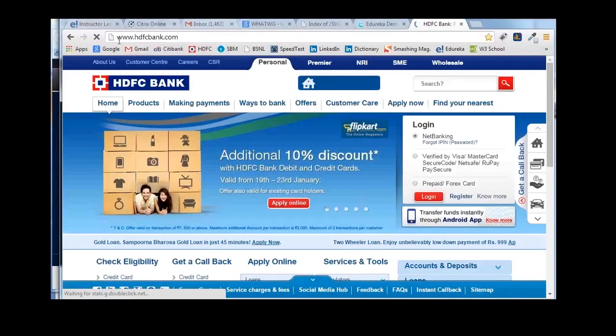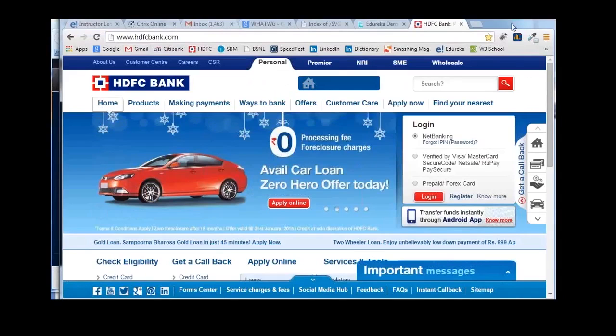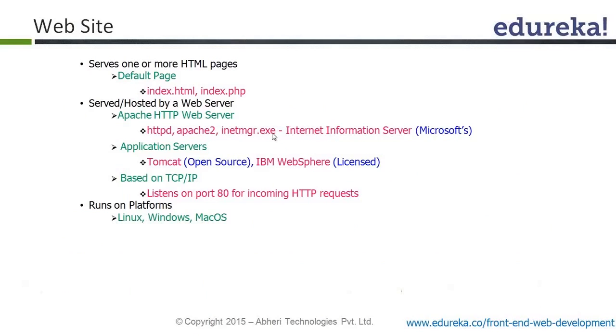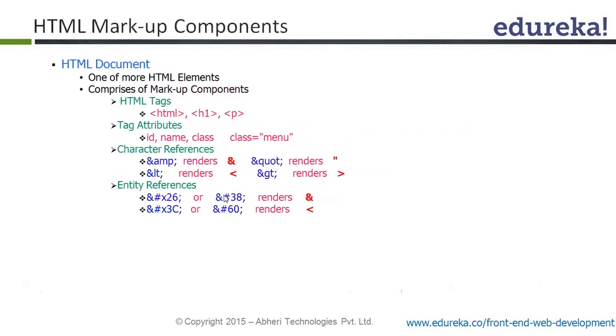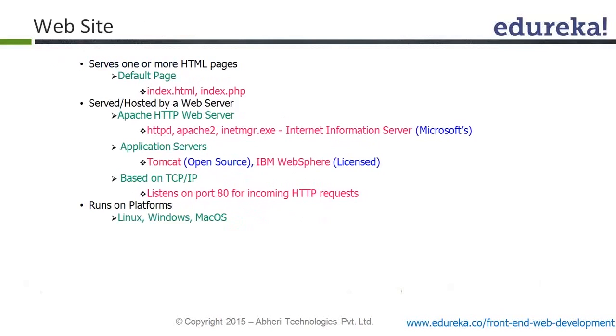Note that the default port on which the web server will be listening for HTTP requests is port 80. HTTPS, the secure protocol, runs on port number 443, whereas HTTP is port 80.